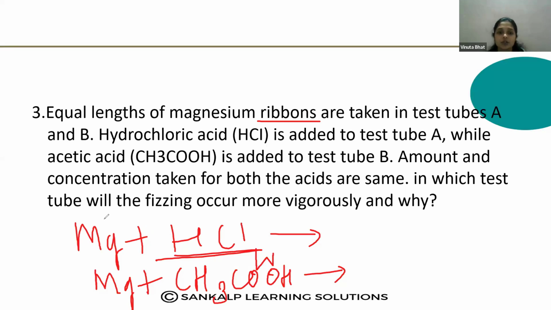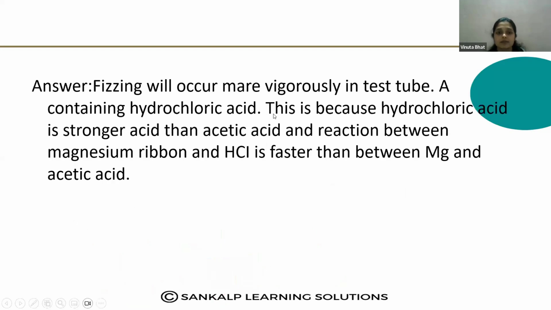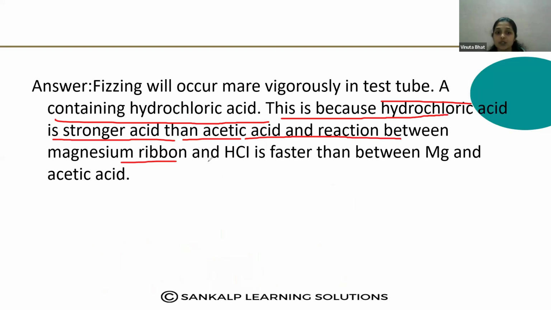So in which tube does fizzing occur more vigorously? In test tube A, containing hydrochloric acid, because it is the strong acid. This is because hydrochloric acid is a stronger acid than acetic acid. The reaction between magnesium ribbon and HCl is faster than between magnesium and acetic acid. So that is the reason.